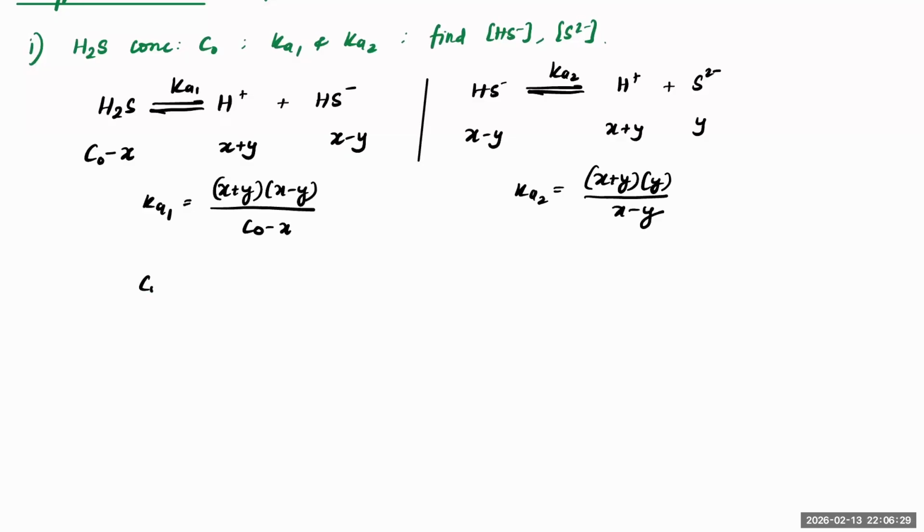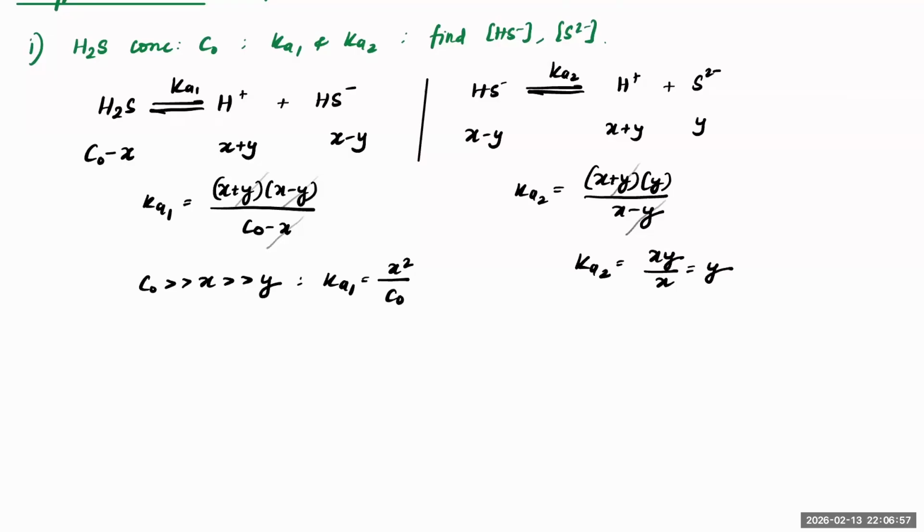In all our questions, please remember C naught will be way higher than X, and X is way higher than Y. So we can ignore X here, Y here, and Y here. That's why Ka1 is equal to X square by C naught, while Ka2 will be equal to XY by X, which is equal to Y.